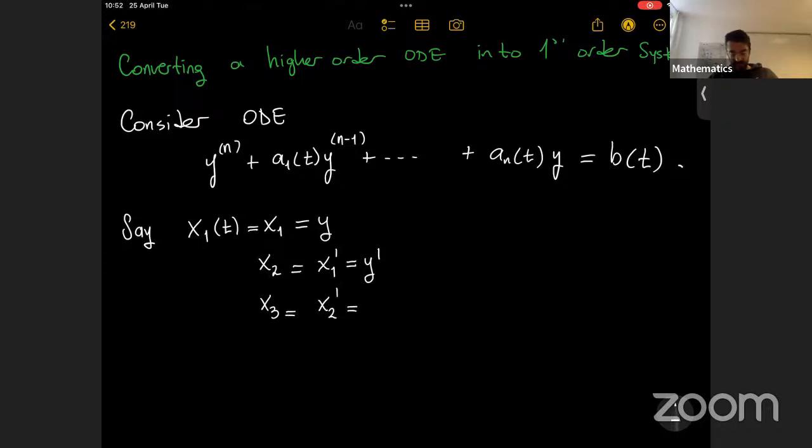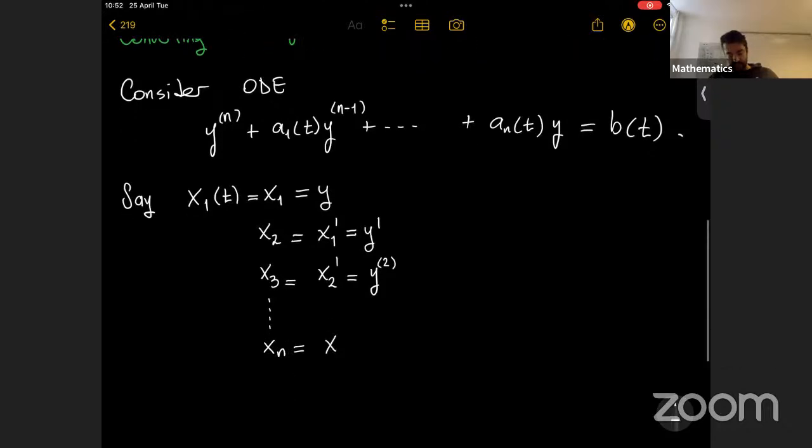Now, x2 prime is y double prime, the second derivative of y. And you continue like this. And finally, xn is x(n-1) prime, defined earlier, so it's the derivative of the previous one.